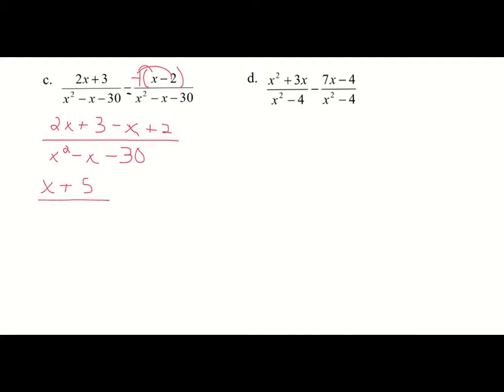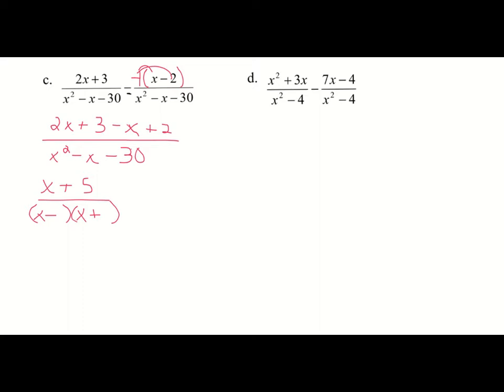Now, on the bottom, let's see if we can factor it, because we might be able to simplify there. And so it's an easy trinomial. And because I have two minus signs, I'm going to have a minus and a plus. I need to get a negative 1. So for 30, to multiply to get 30, we would use 5 and 6.